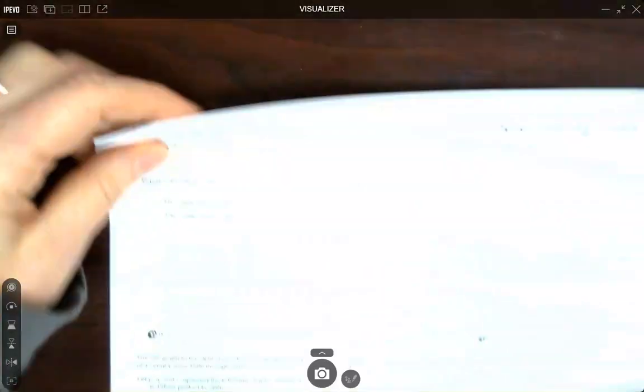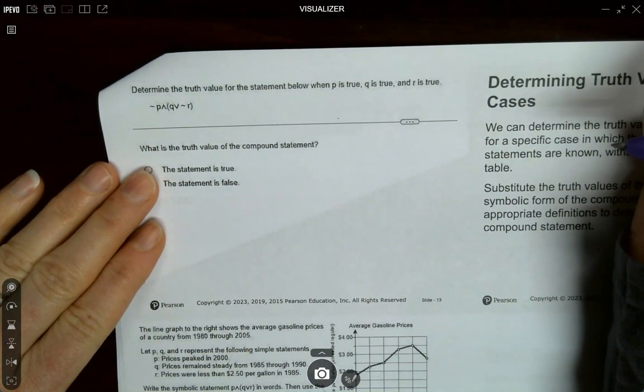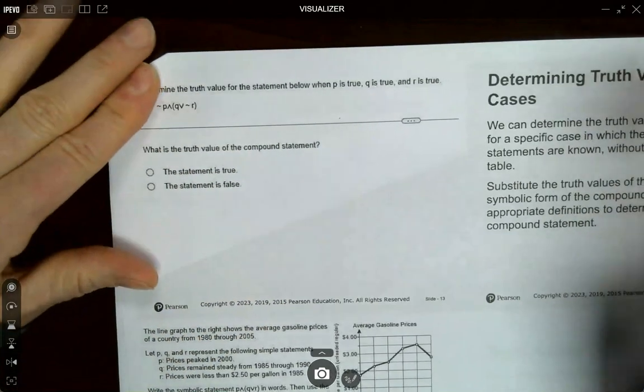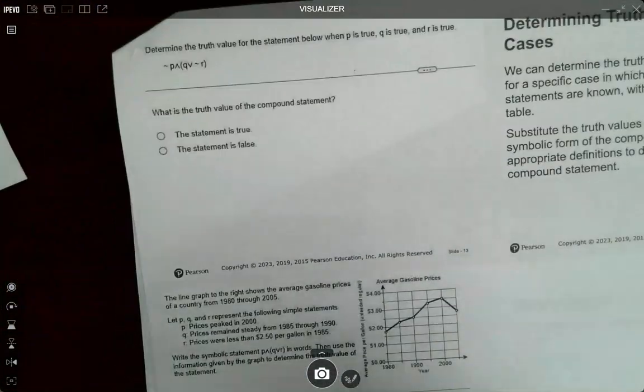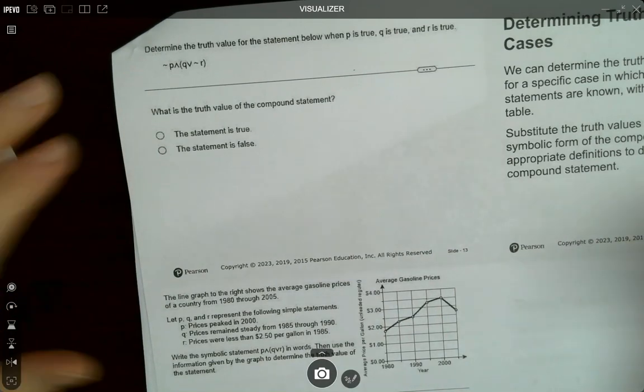All right, this next one, determine the truth value for the statement below when P is true, Q is true, and R is true. So we have this compound statement. So instead of creating the entire truth table, we can just create one row.